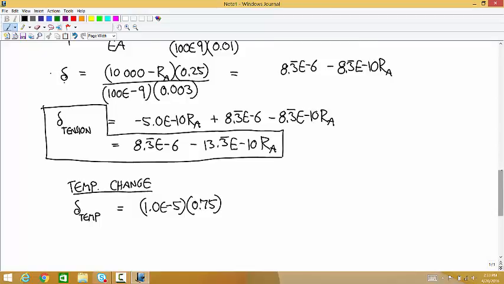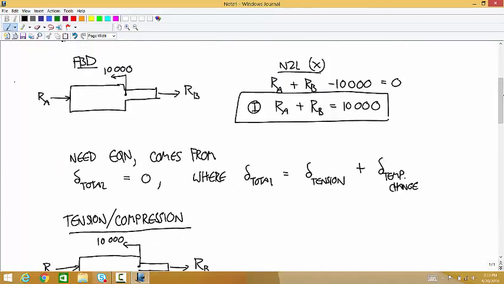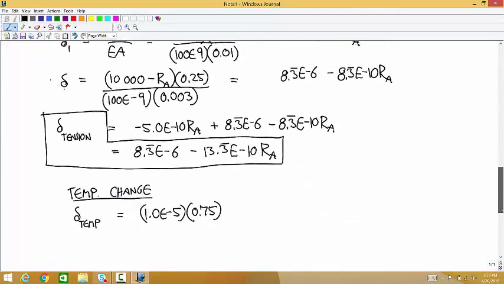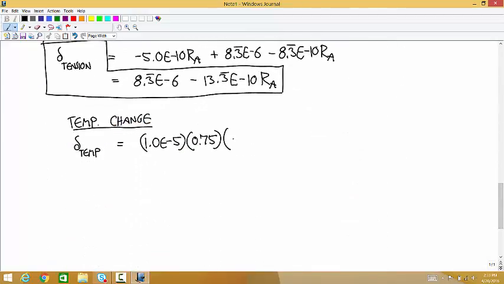This time the temperature dropped 150, so this will be negative 150. And what do you get for that? Negative 1.125 times 10 to the minus 3. Okay.